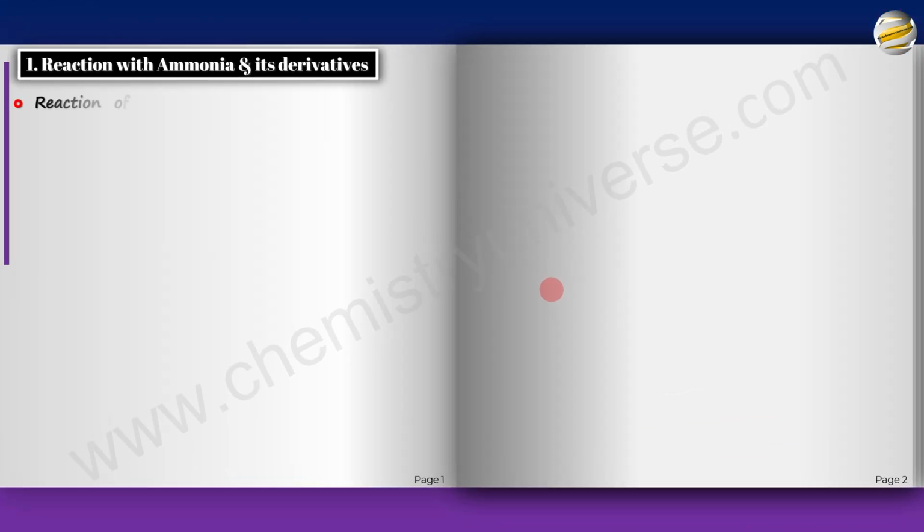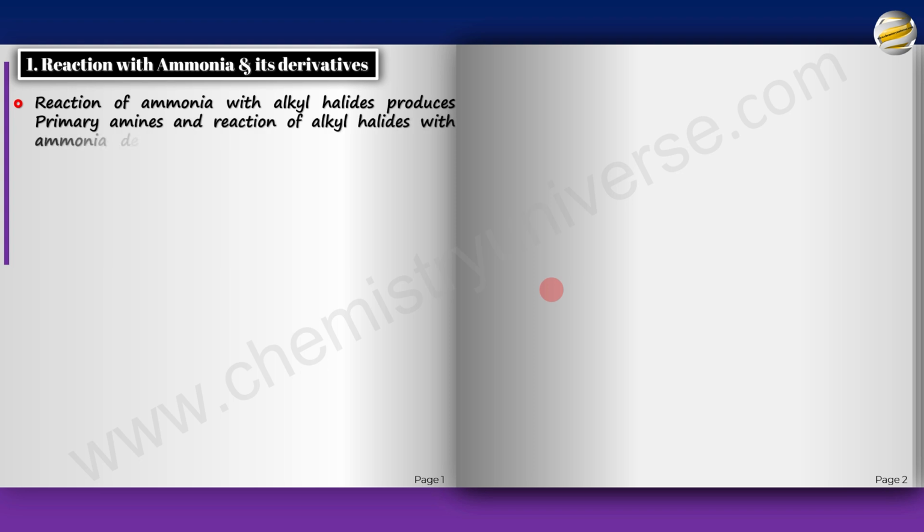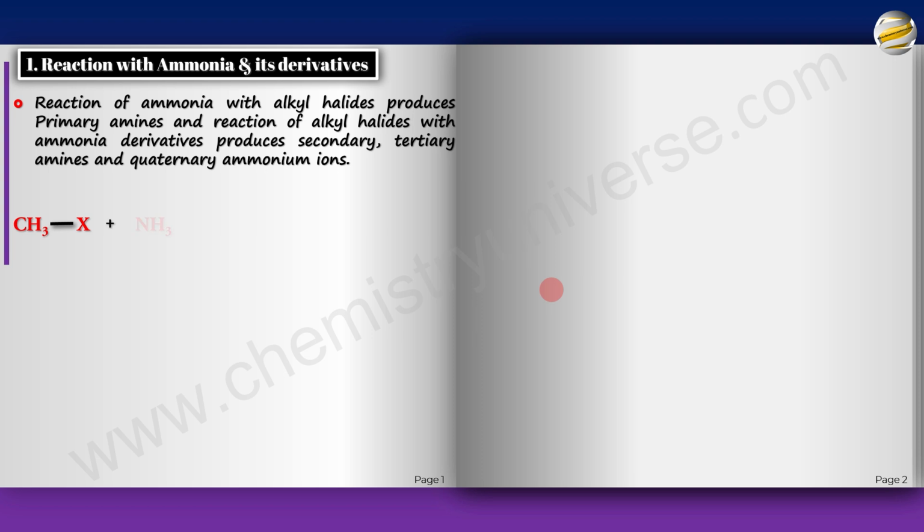All right, so reaction of ammonia with alkyl halides produces primary amines, and reaction of alkyl halides with ammonia derivatives produces secondary, tertiary amines and quaternary ammonium ions. So let's look at it this way. You got CH3X, you got ammonia. Now what do you expect is you have the methylammonium salt and the H plus leaves and you will get primary amine.